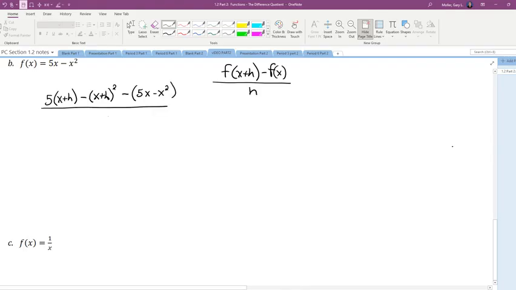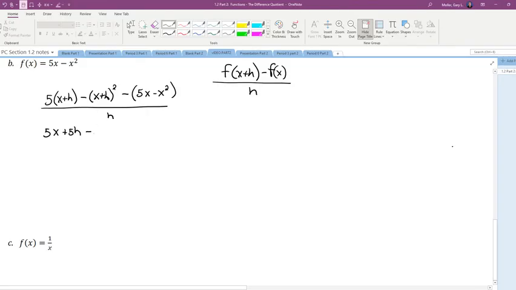all over h. All right, now it's just cleaning up and doing some math. Don't do too much at one time if you're feeling a little uneasy, because you're going to make mistakes with negatives. So I'm going to take my time and show probably one step more than I normally would. 5x plus 5h minus, now I'm going to do the FOIL, the shortcut.